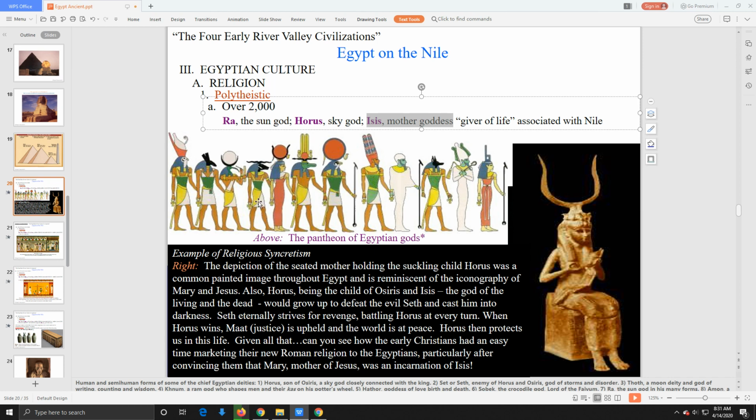Guy right here, that's Khnum. I forget what he does, but there's Khnum. Hathor is right there, goddess of love and death. Sobek, that's like a crocodile guy. I don't think I know any more about him than that. Ra, sun god. Amun. So I got a little list down here of what each one does.